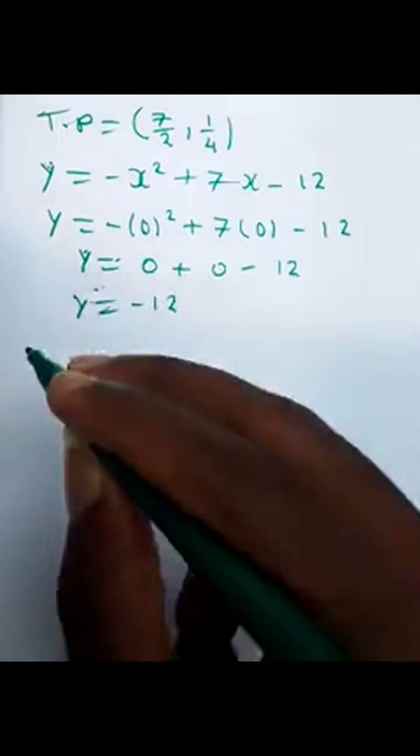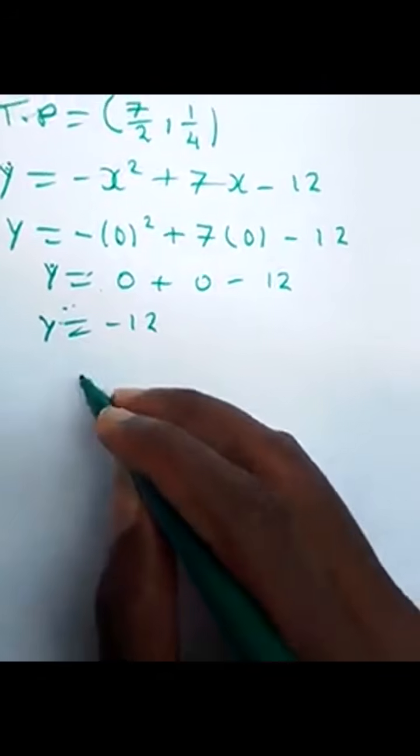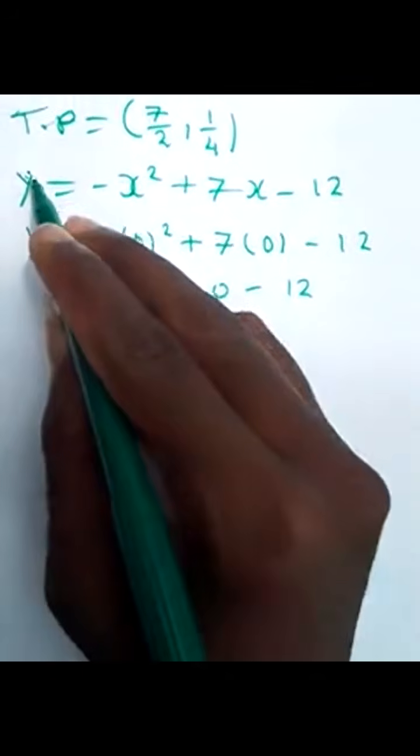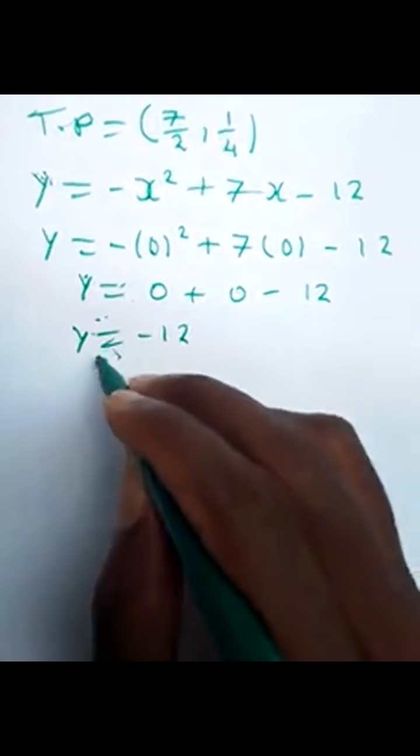The y-intercept is where the graph is going to cross the y-axis. Now, to find the x-intercept, you put 0 for y. So we found the y-intercept. Take note of this.